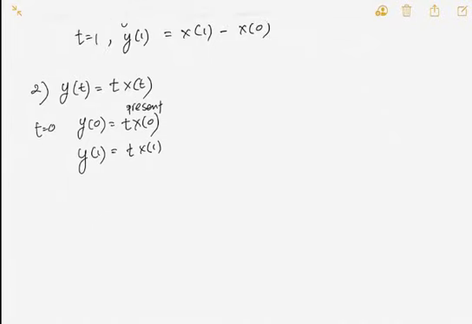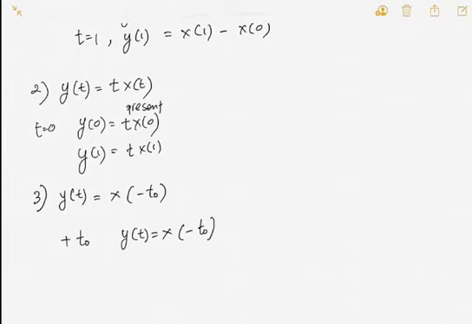Okay, another example is y(t) equal to x(t minus t naught). Let's say t naught is a positive t naught, and your output will be y(t) equal to x(t minus t naught). Okay, but what if t naught is a negative value?